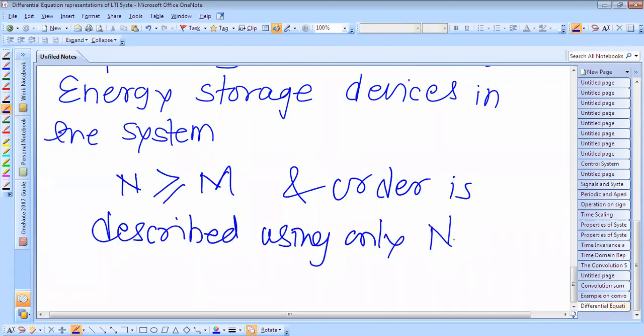So we have to look only at the order n. If n is equal to 2, that means it is a second order system.